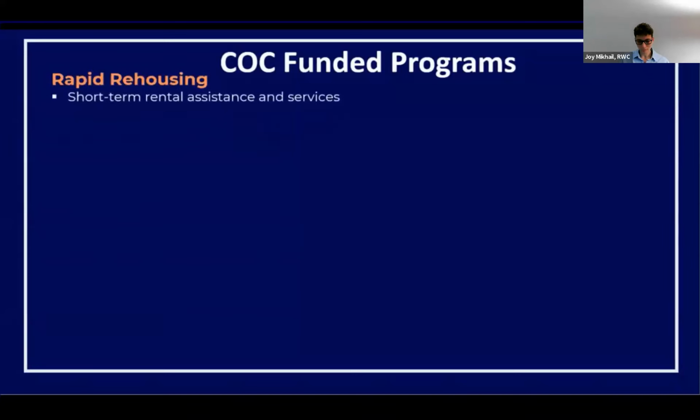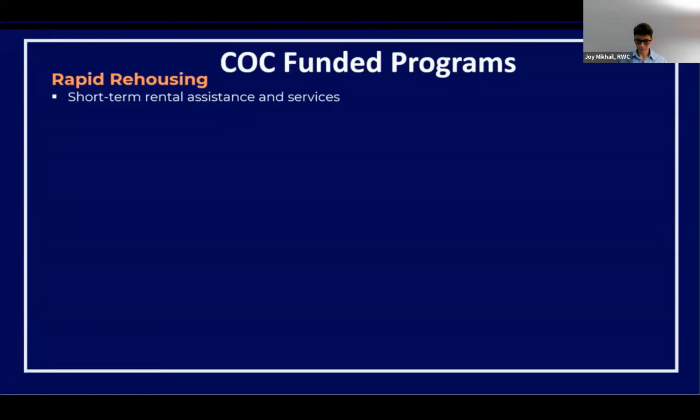Rapid rehousing provides short-term rental assistance and services. The goal is to help people obtain housing quickly to increase self-sufficiency. With rapid rehousing, there are no preconditions. That's why it's so important that I emphasize no preconditions, and why non-citizens should get screened for rapid rehousing if the funding is available through your coordinated entry.